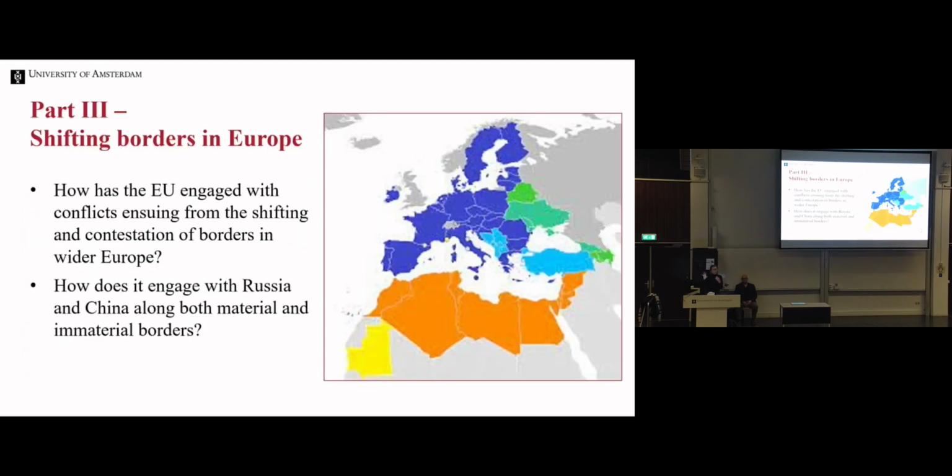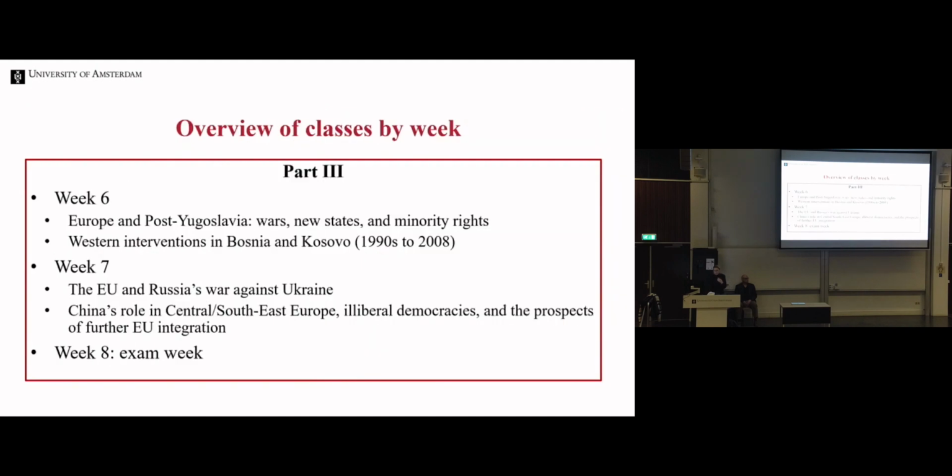Now the last part, part 3, is then about shifting borders in the European neighborhood, and that is also a unique perspective of this course in that it tries to widen our lens of what it means to look at Europe and go beyond the EU and look at the European neighborhood policy to the east and to the south, and at sort of contestations and different zones of belonging there.